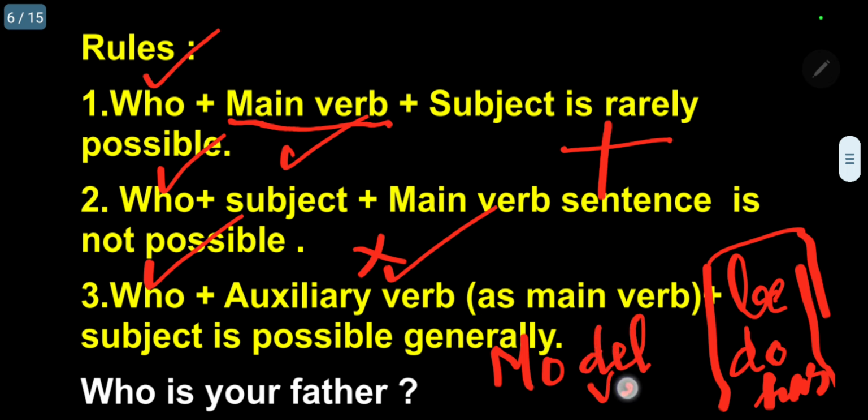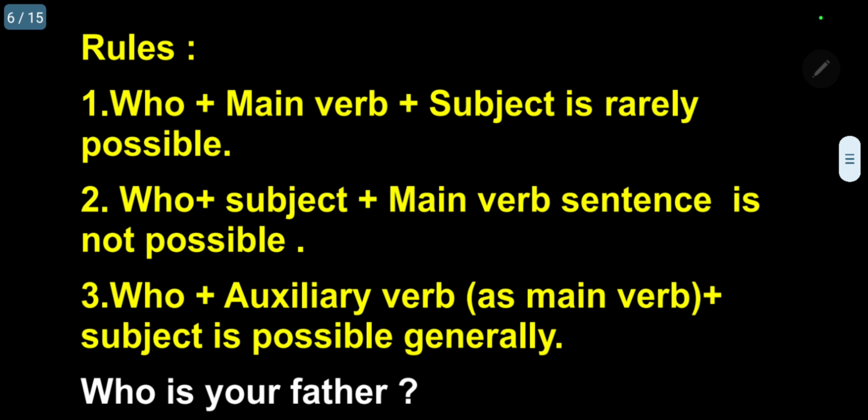Modal verb. Kindly follow. The interesting information here is that the primary auxiliary verb will act as a main verb, also as an auxiliary verb or helping verb. This is the most important thing you have to keep in your mind. For example, now I can use a simple sentence, is.